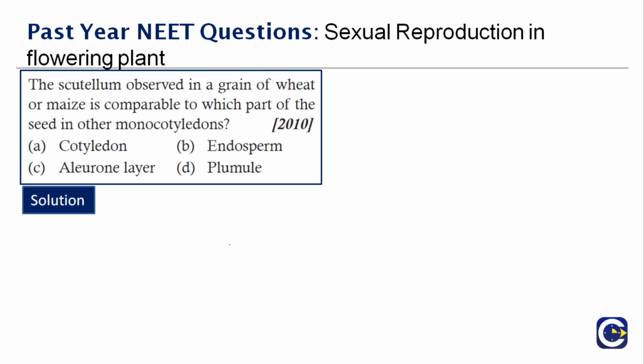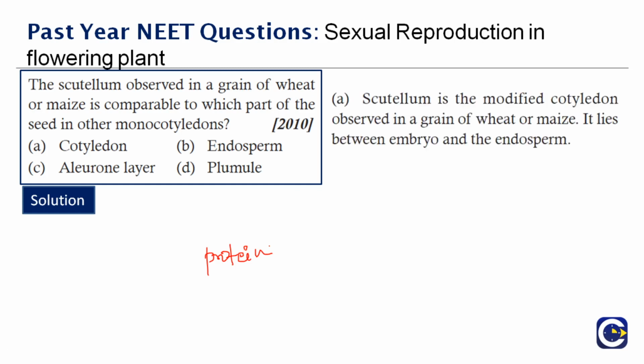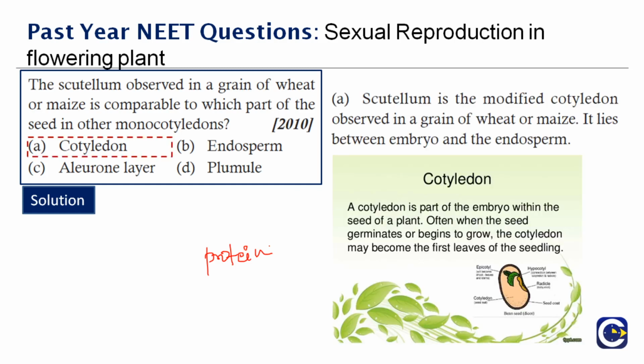It is very thin with high surface area and serves to absorb nutrients from the endosperm during germination. The scutellum is believed to contain a as yet unidentified protein transporter that facilitates starch movement from the endosperm to the embryo. Therefore, the right answer to this question is option A, cotyledon.